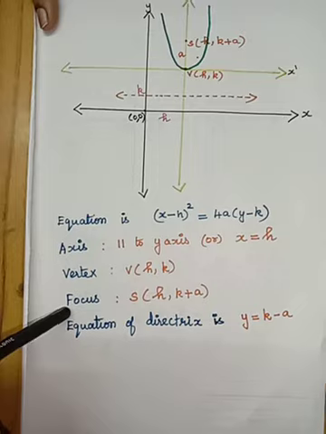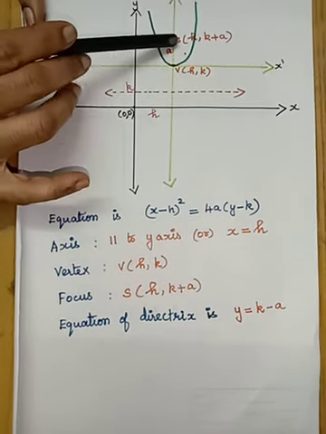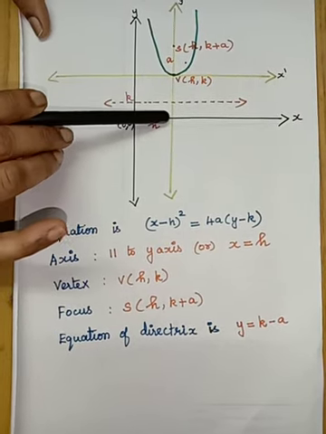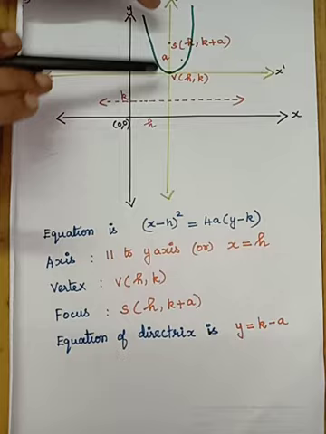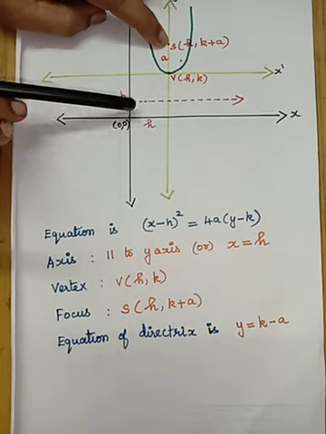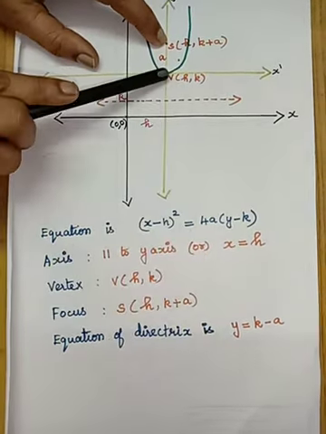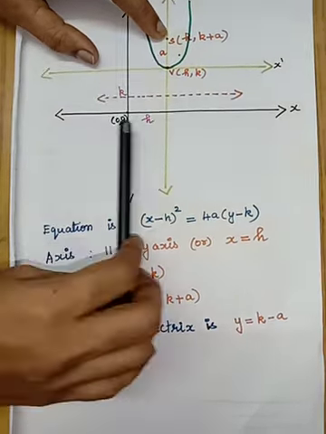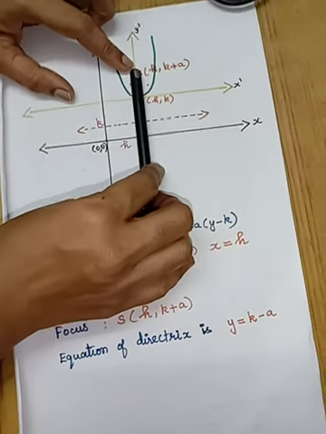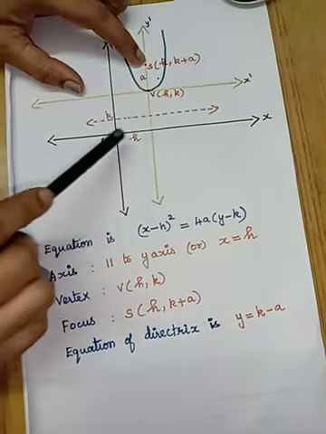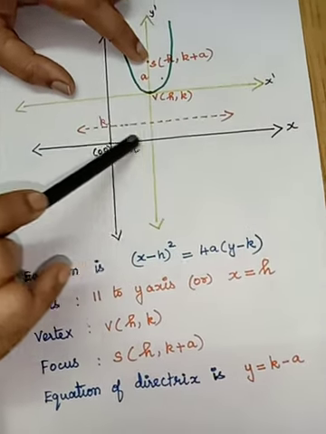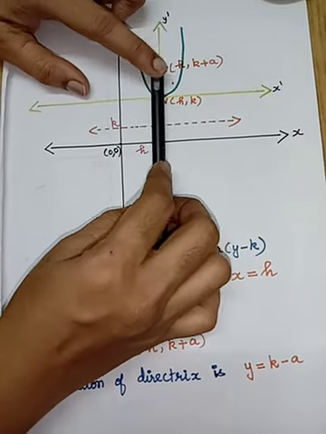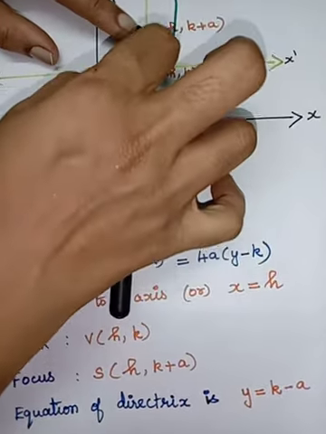Now come to the focus. It is on the axis, which is parallel to the y axis. See now, the x distance is h only, but look at the y distance. This distance is h, and the distance between the vertex and the focus is a. With respect to 0 comma 0, there is no change in the x distance, that is h only, but in the y place, how much distance is covered? k plus a.